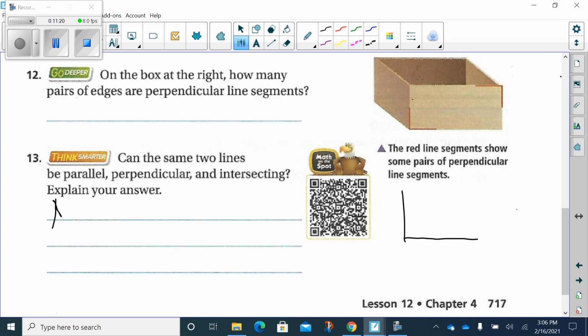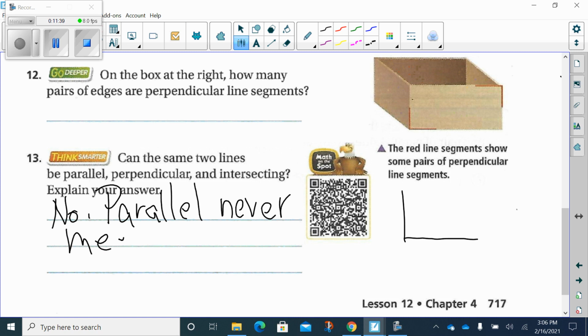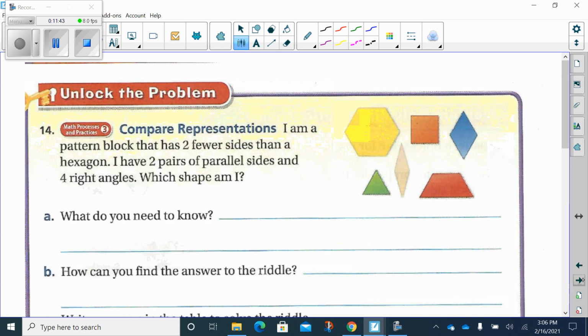No. Parallel lines never meet. They're always the same distance all the way through. They are all the same distance, never meet. Okay. All right.